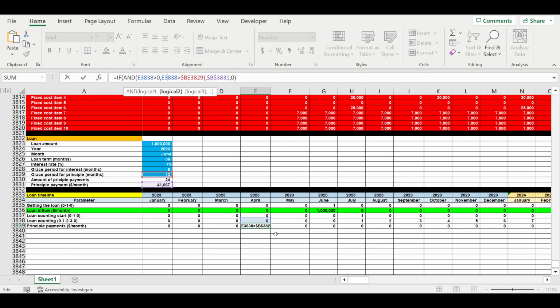So if this value is more than 0 and this value.